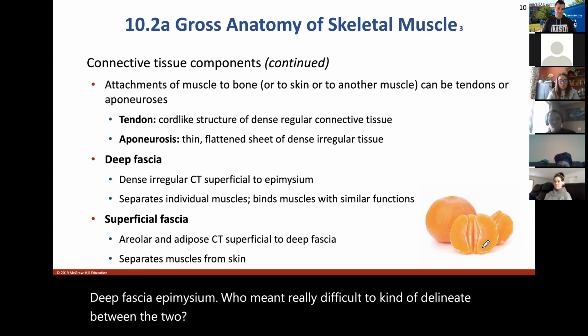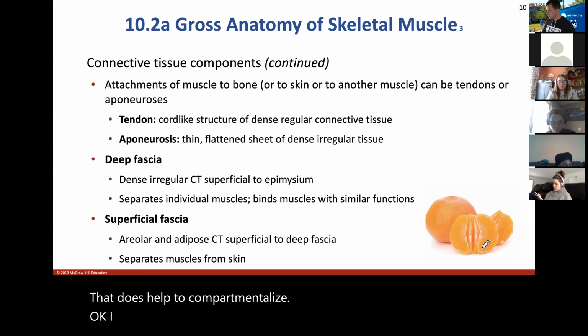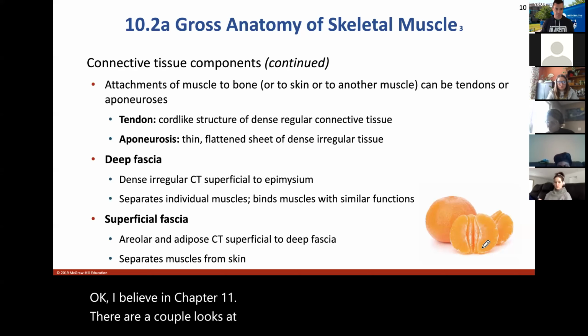But it's this deep fascia that does help to compartmentalize. I believe in chapter 11, there are a couple of looks at cross-section of the forearm, cross-section of the arm, the thigh, the leg.